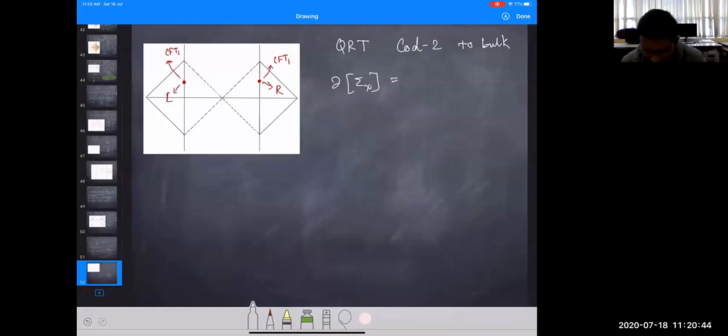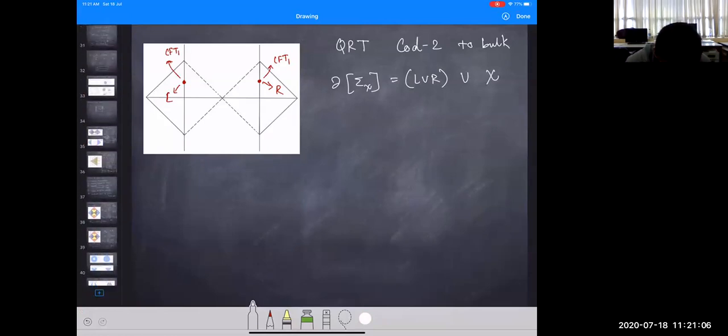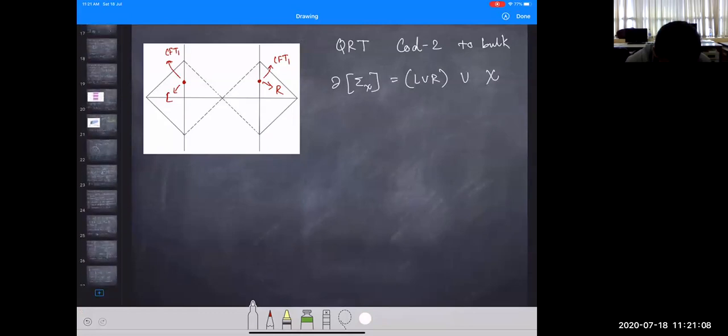So this is the notation. What should happen is that the boundary of the entanglement wedge should be L union R union the extremal surface. This is the formula that I had given before. Let me go back to that slide to indicate what I'm saying.